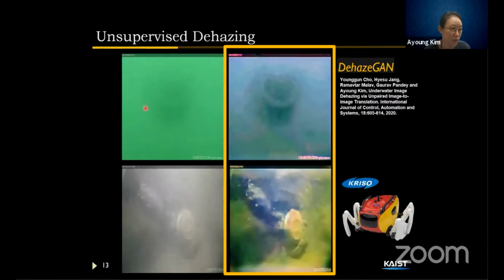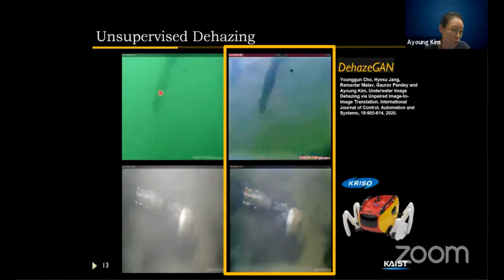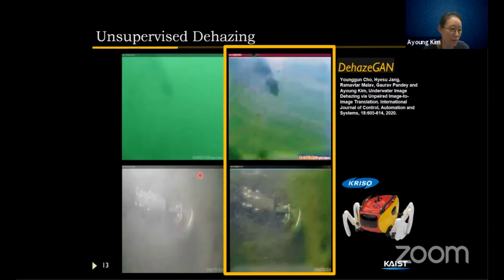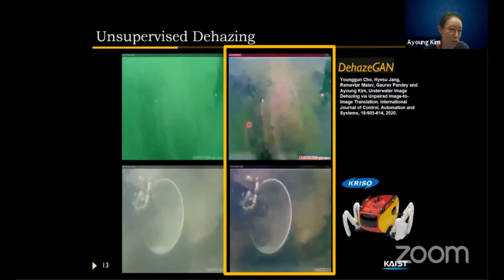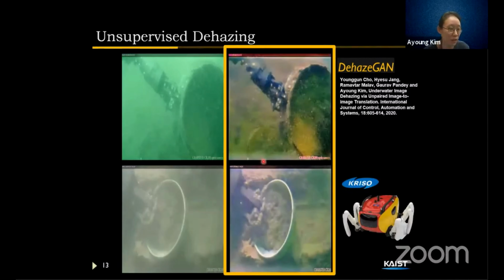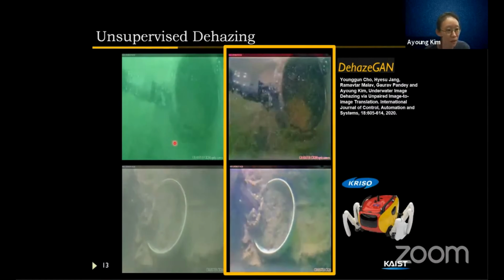On the left is the actual image. This is a robot arm or leg and manipulator, and they were trying to take some things out of the water. And as you see, this is very turbid.